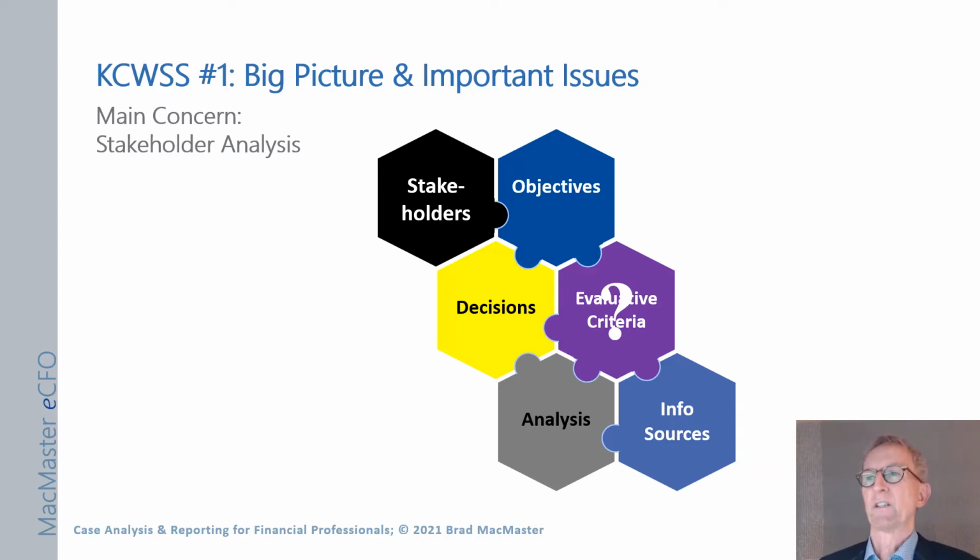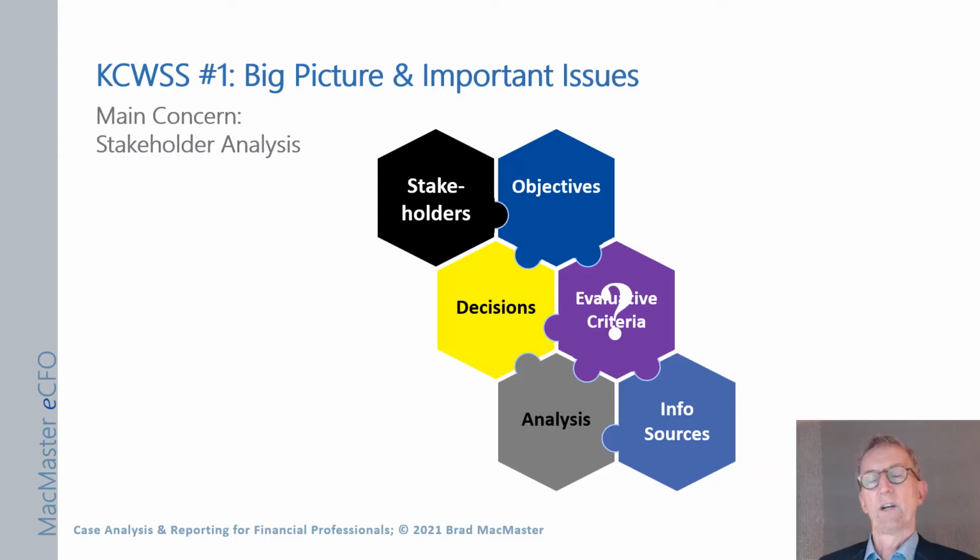They might be a business owner, they might be shareholders or a particular shareholder. It could be a lender. In some cases, it might be a regulatory authority like the Ontario Securities Commission or Canada Revenue Agency, but usually when we're dealing with financial accounting cases, that's not the situation.